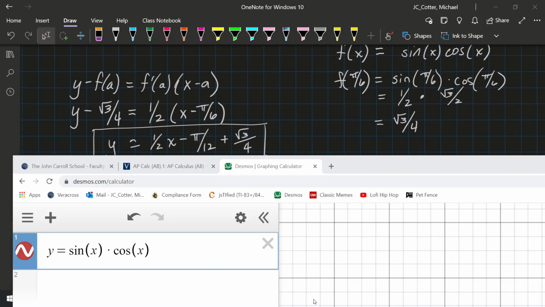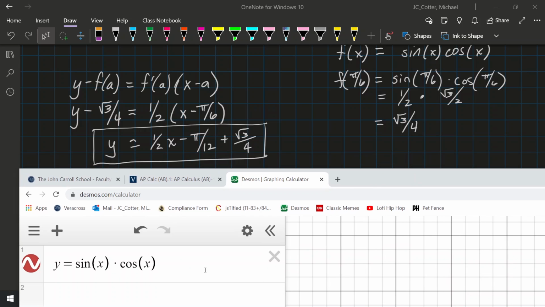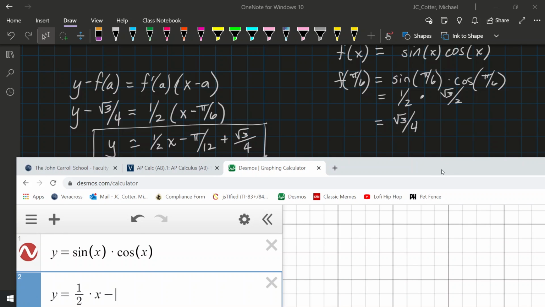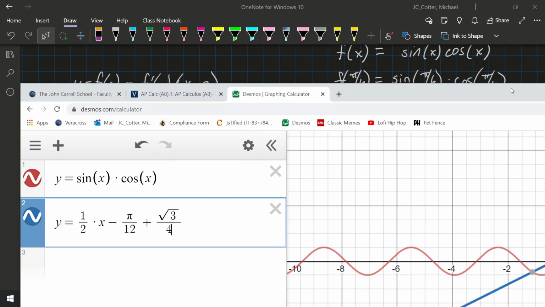Here we go. So it's a little tricky to type this in, but not too bad. So y equals 1/2 times x minus pi over 12 plus square root 3 divided by 4. And that takes some practice, but you'll get it with time.